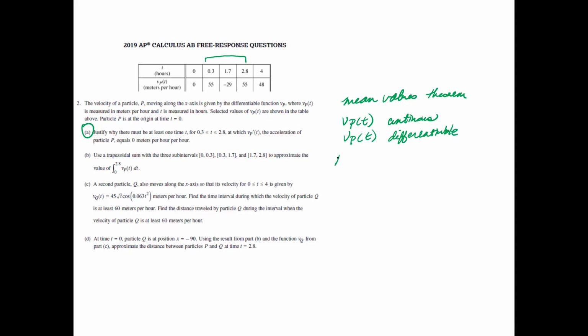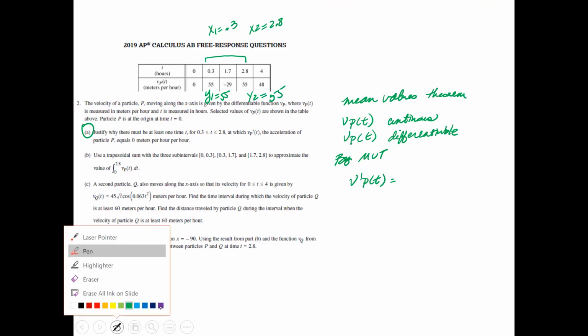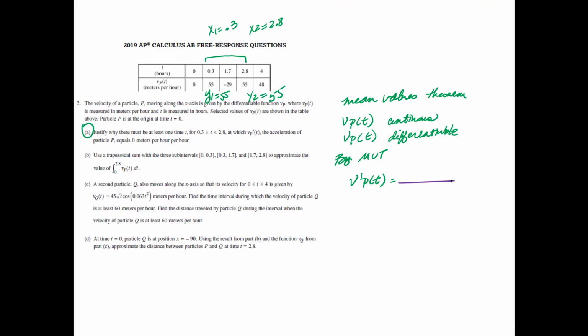So by MVT, the mean value theorem, V prime of T is equal to, since the 2 points that we're using are X sub 1 is 0.3, X sub 2 is 2.8, and your Y sub 1 is 55, and also your Y sub 2 is also 55. Let's go ahead and take a look to see what this is going to give us.